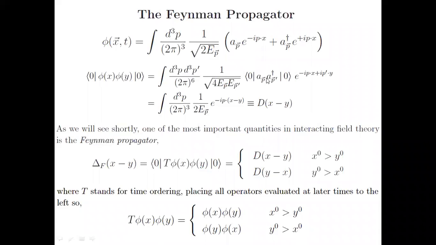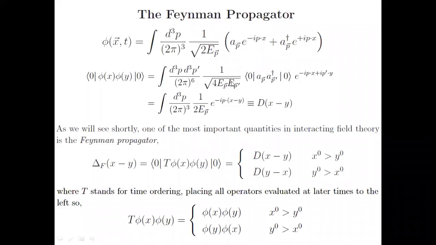The other inner products will simply give 0. Since this is a raising operator, it will simply raise the vacuum to a momentum level p prime, and this will again raise the bra to a momentum level p, and only this will give a non-zero term. All other terms will give 0 inner product. So if we calculate this inner product, we simply get this.